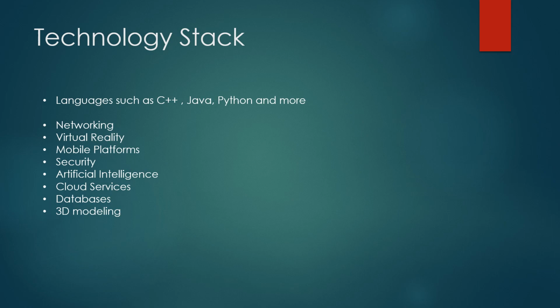Security. Security is a huge part of anything in the medical industry because they likely contain confidential documents and those cannot be hacked. So security is going to be big in this. Of course, artificial intelligence, any ways they can make it more efficient, that's going to be a huge part of what goes into this. Cloud services, the data has to be held somewhere.